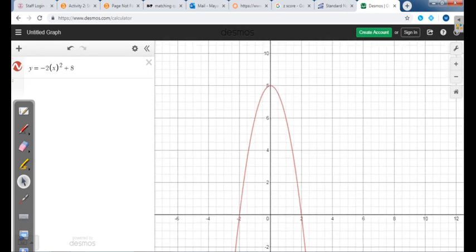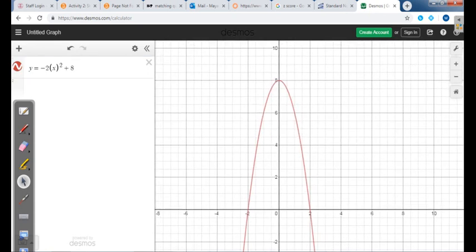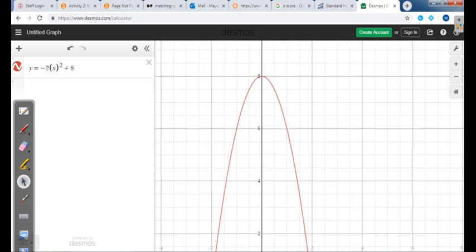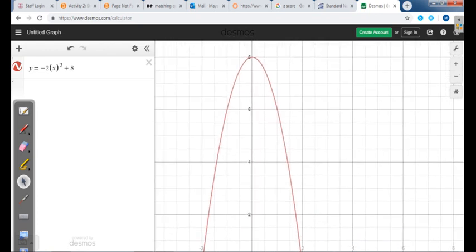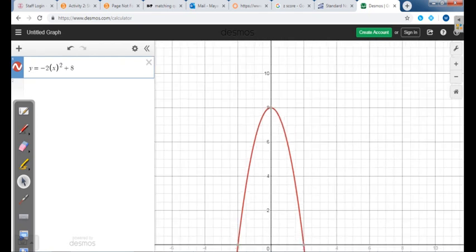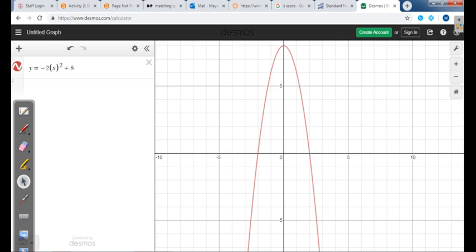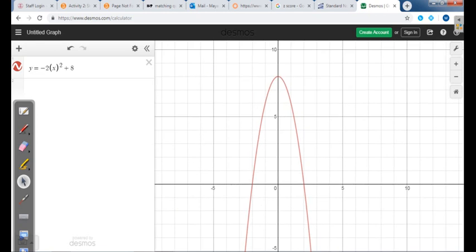So you see how the graph looks? What we have on our sheet is only this part of the graph, only the right part. But the left part is also there if I chose points in the negative. What shape is this? What do we call that shape again? Parabola.